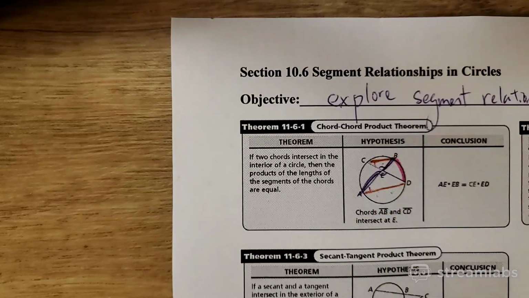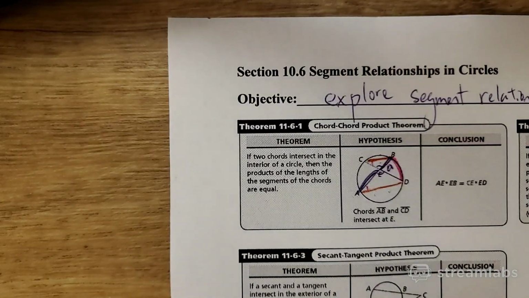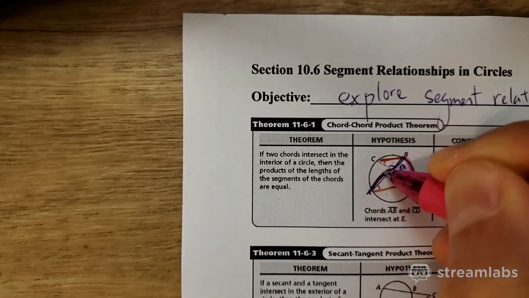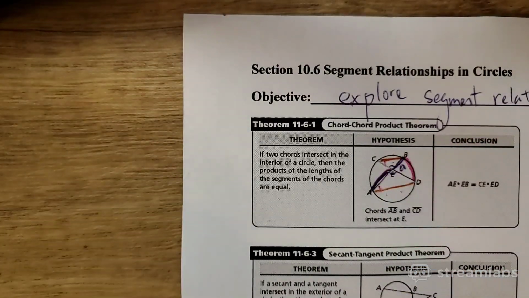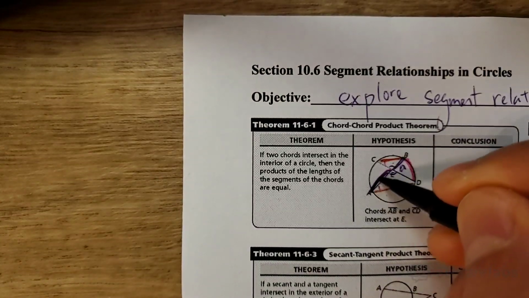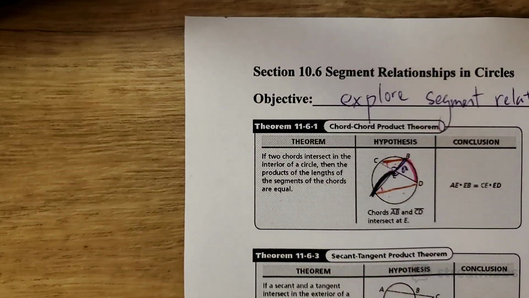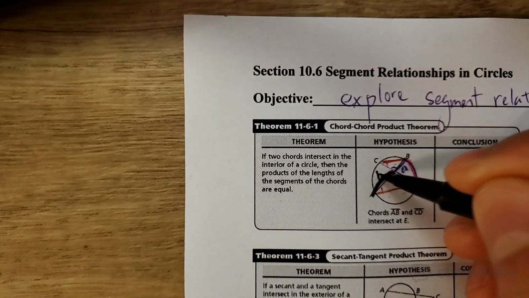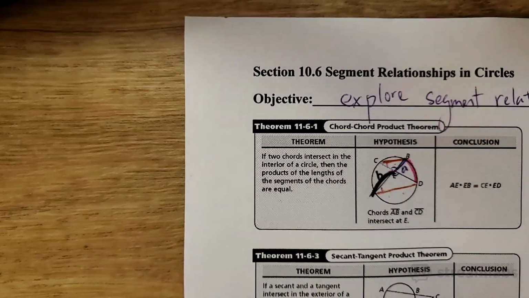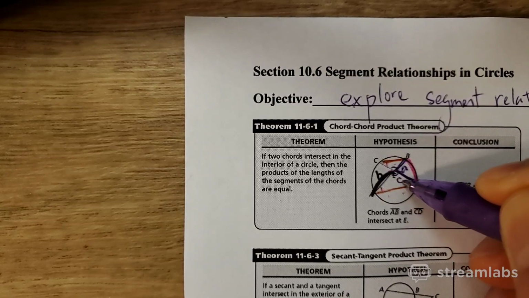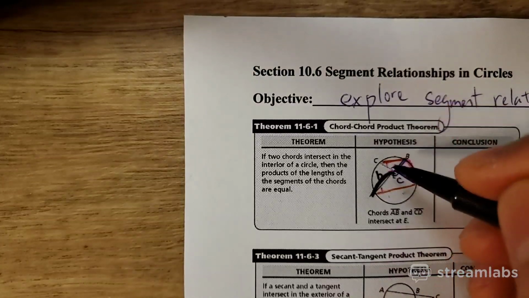Let me call this A. Sorry, I'm using the wrong color, let me change colors real quick. This one, let's call it B. And this one, call C. And this one, I'm going to call D.